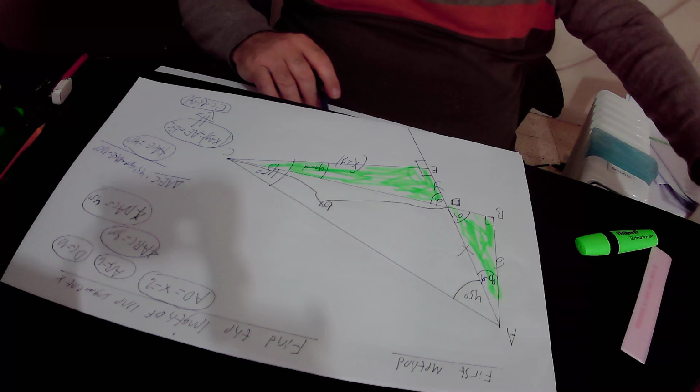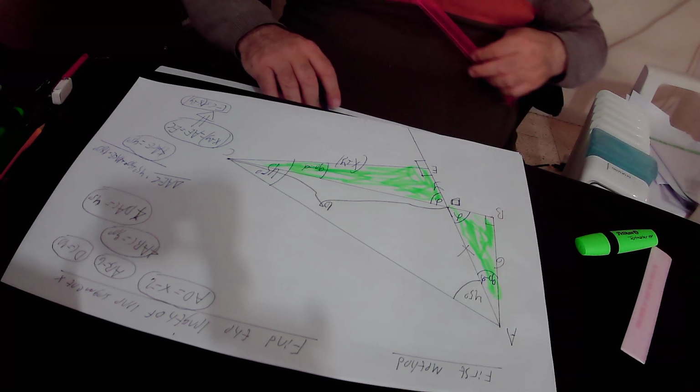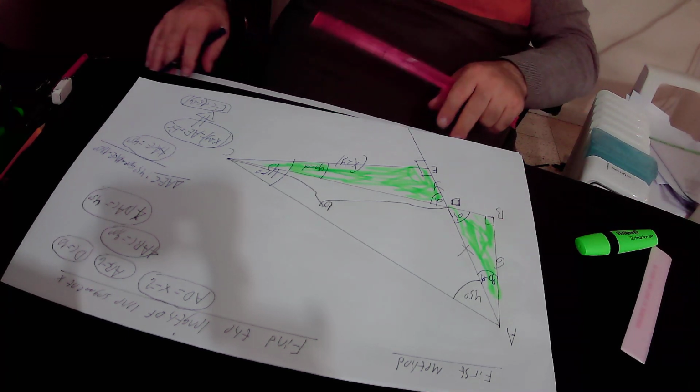So I'll copy the right triangle ABD and triangle ADC on the new page.